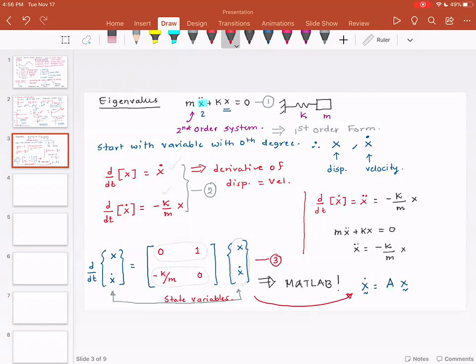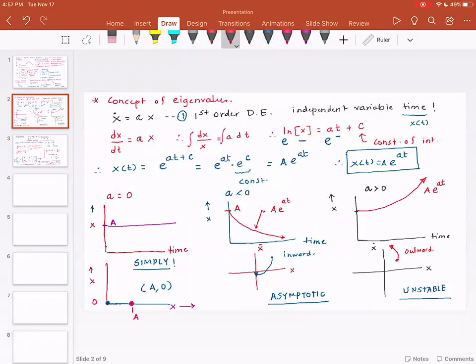And before I go any further, I want you to see that the equation in this rectangle is similar to the expression that I have in this rectangle.